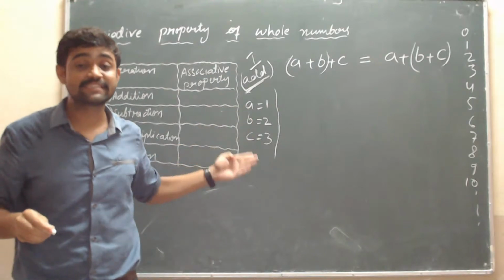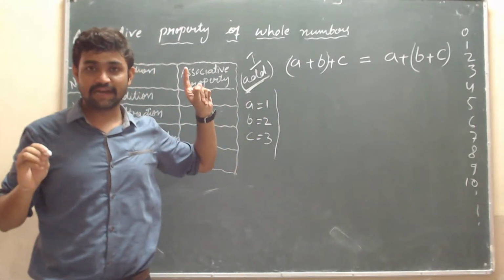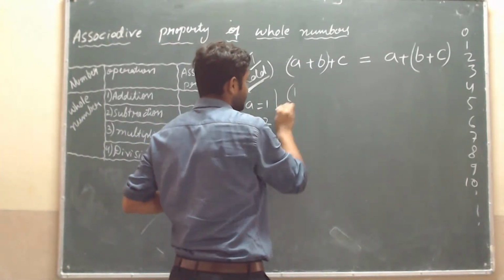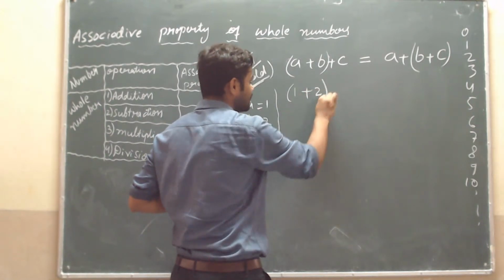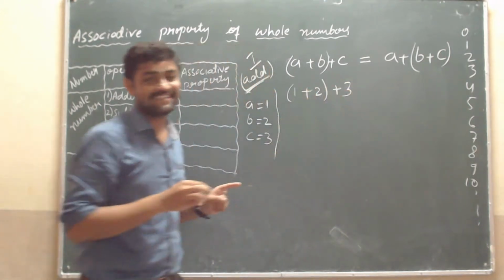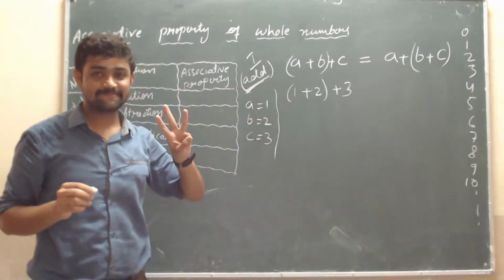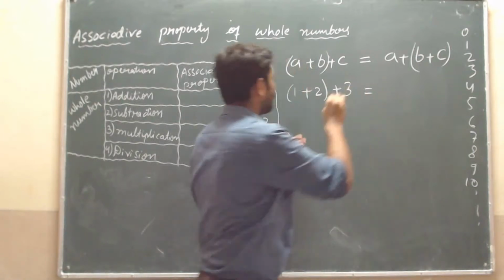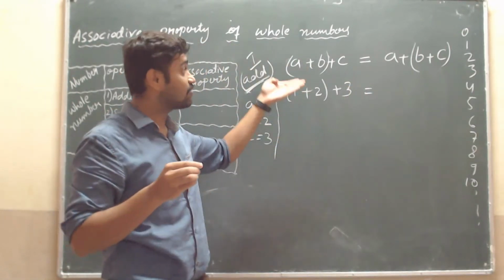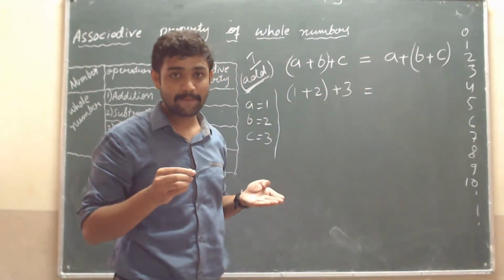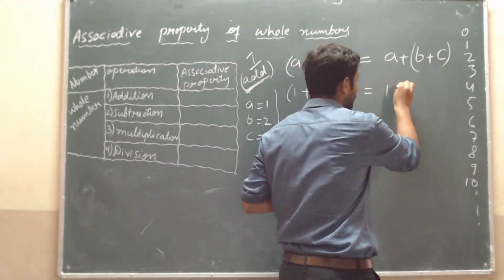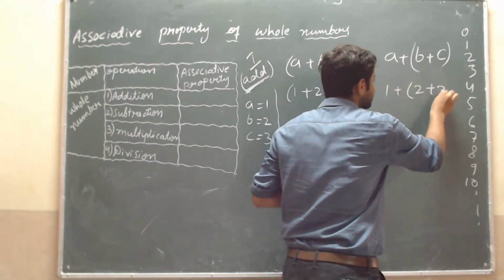Substitute these A, B, C values. This is only the LHS. Then we substitute these values on the RHS too: A is 1, B is 2, and C is 3.